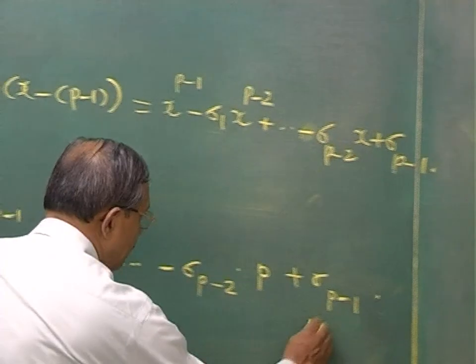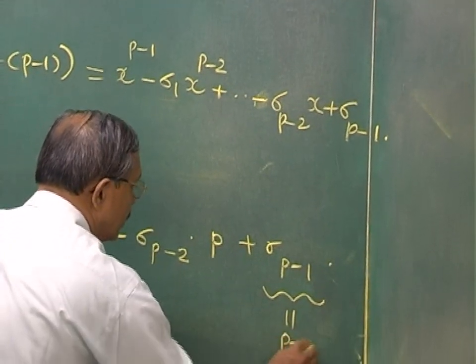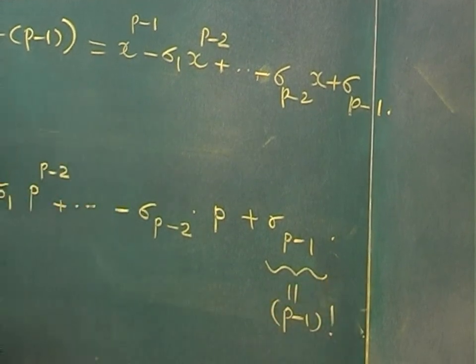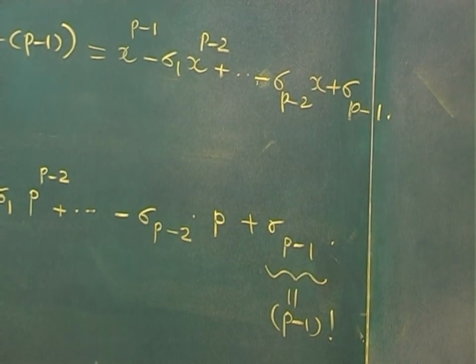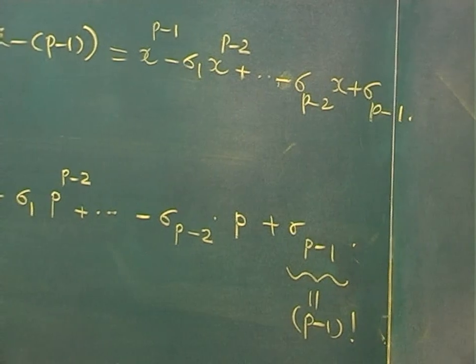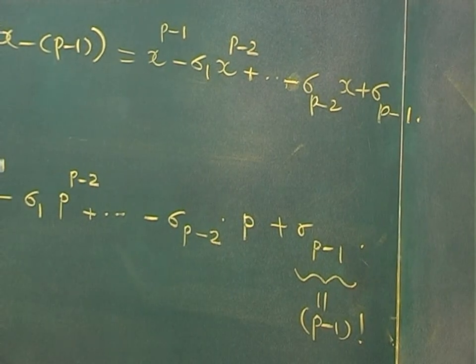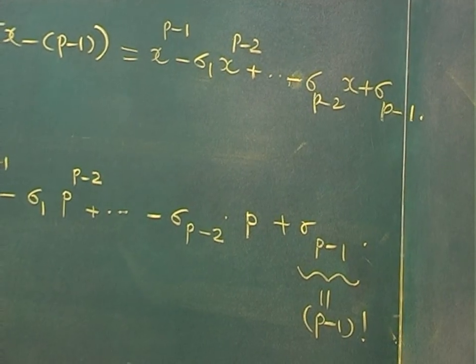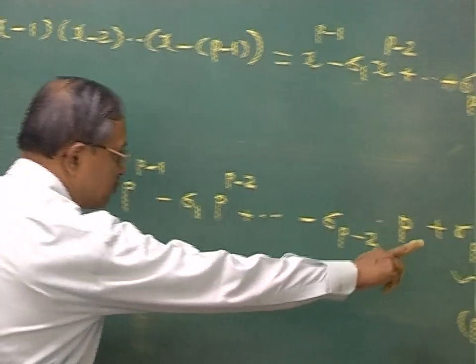But sigma p minus 1 is p minus 1 factorial, that we have already seen. So you can cancel this p minus 1 factorial and this p minus 1 factorial.